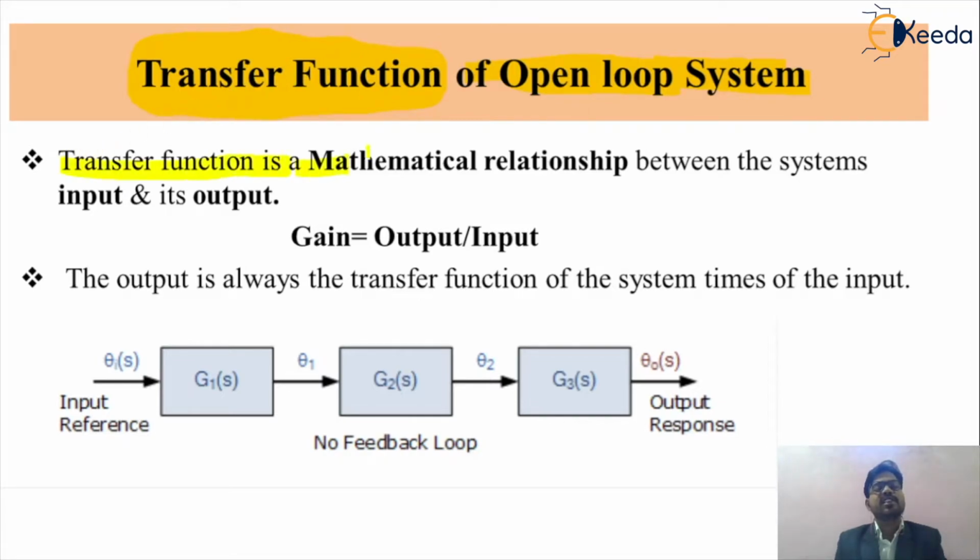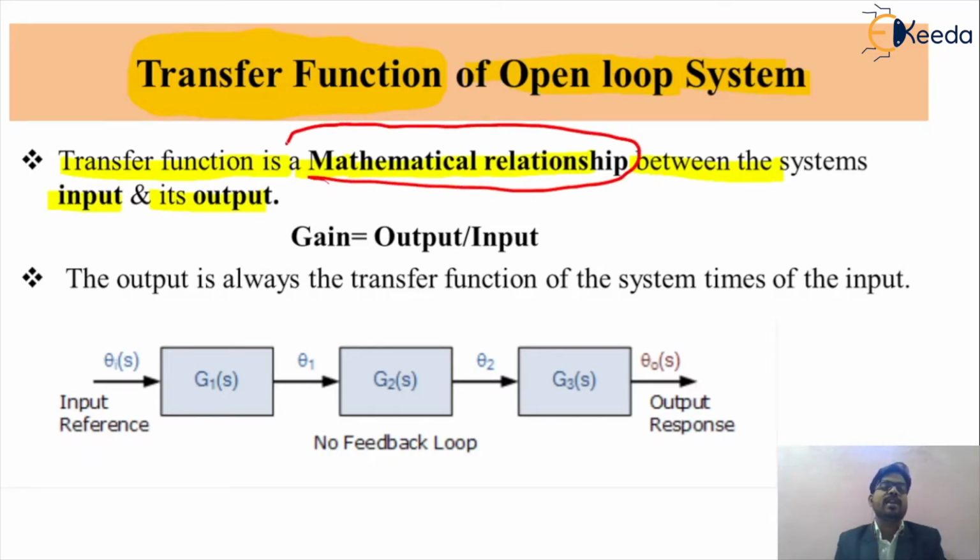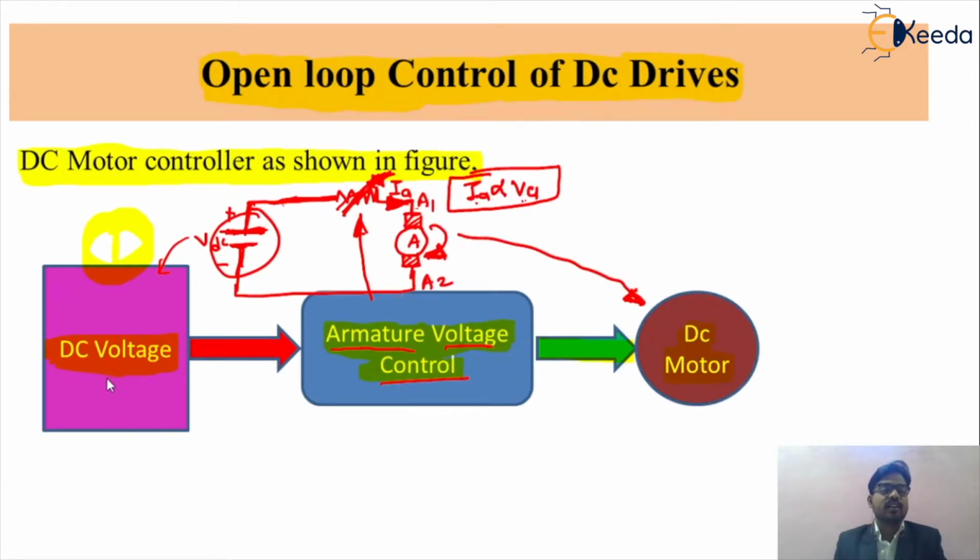The transfer function is basically the mathematical relationship between the system input and its output. In this particular diagram, we are giving the input signal to your system, and we are getting the output signal, which is the speed of your motor.